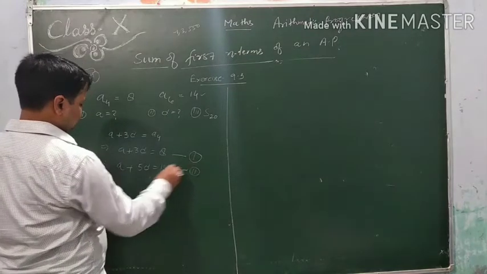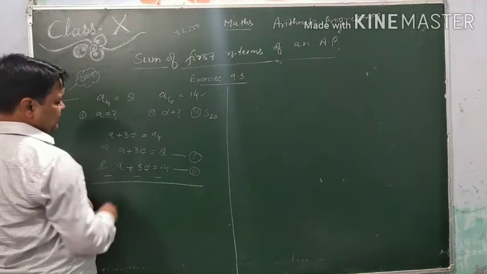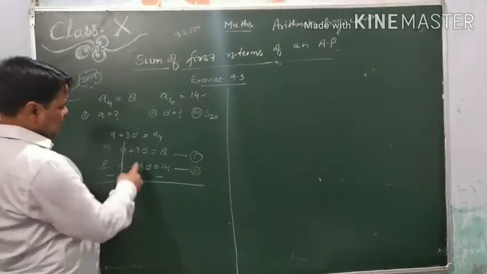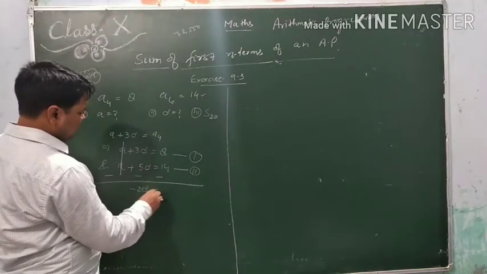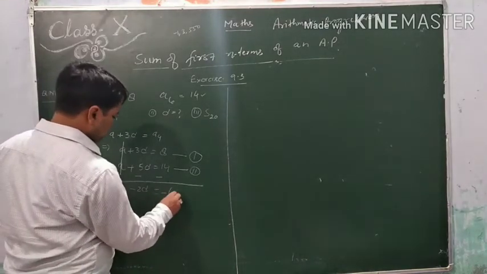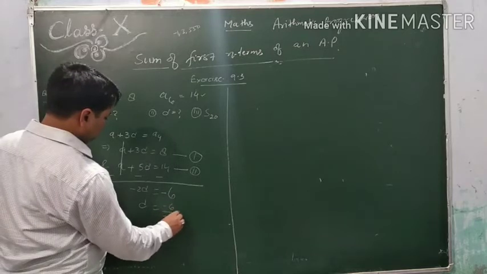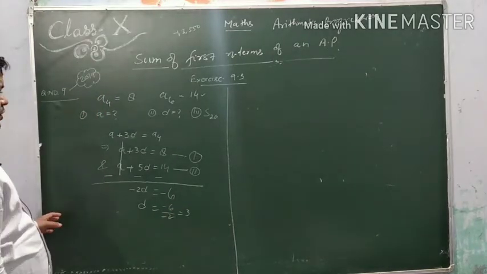That is second. Now subtract, minus minus minus, then they will be cancelled. 3d minus 5d is minus 2d, and on the other side it will be minus 6, then d is equal to minus 6 by minus 2, that is 3. The value of d is equal to 3.